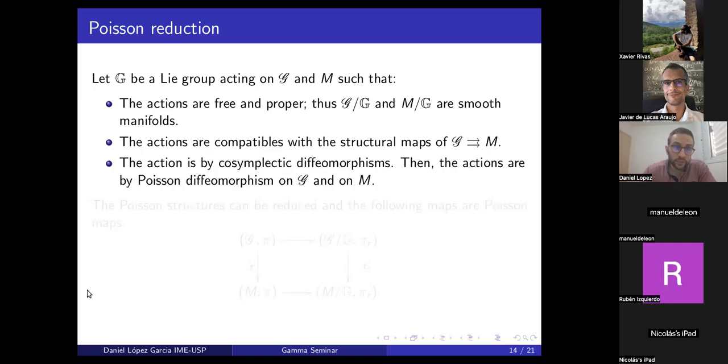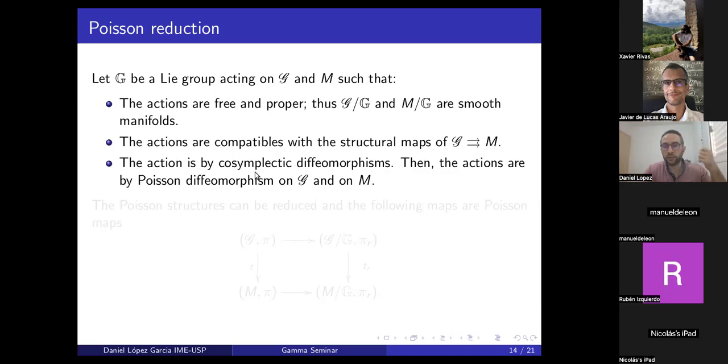I'm going to consider that this action is by cosymplectic diffeomorphisms. So this action will also be by Poisson diffeomorphisms on G. And if you have a cosymplectic structure on the object, you can push forward this structure to the base, to M, by taking, for example, the target map.